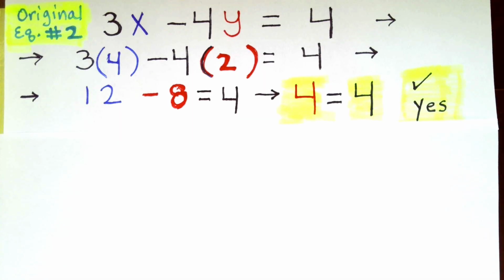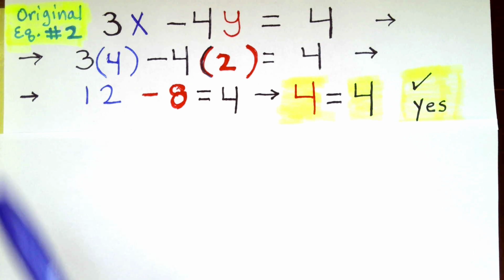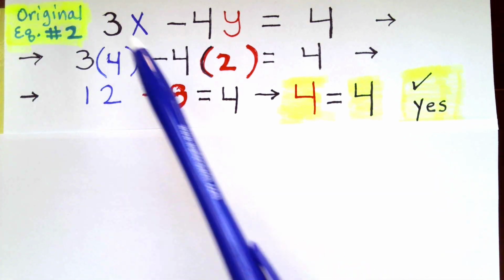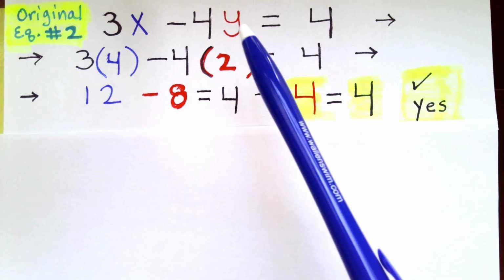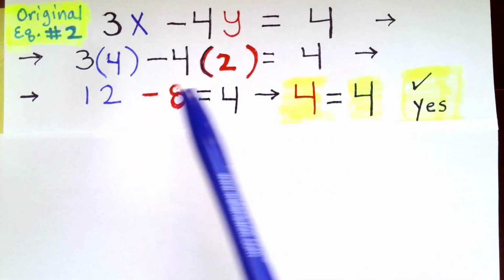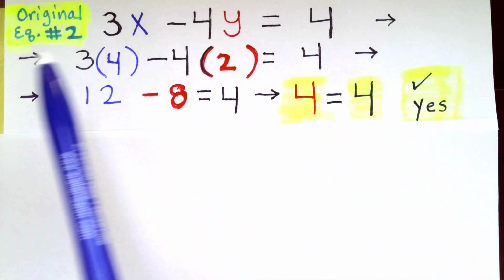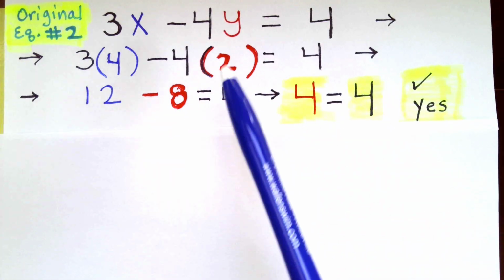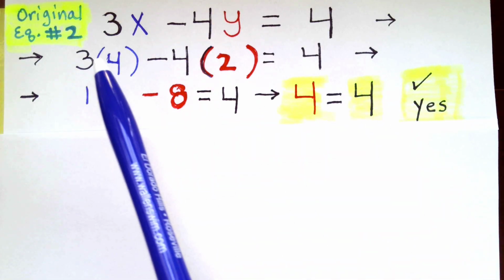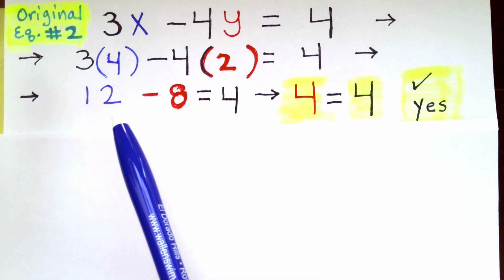Let's substitute those x and y values into original equation number 2. x equals 4, I'm going to substitute a 4. y equals 2, I'm going to substitute a 2. I'm going to rewrite the equals and then the 4. Now, order of operations: any parentheses? Nothing inside I can do to simplify the parentheses. Any exponents? No. Can I multiply or divide? Yes. 3 times 4 is 12.